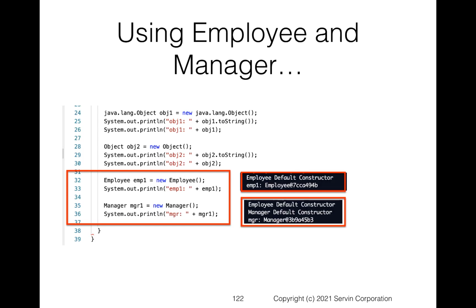So in our main.java, to demonstrate this in use, notice at line 32, we create a new instance of employee, and at line 33, I print out that employee. Now, notice what comes out for EMP1. We see employee at, and it's got an address.